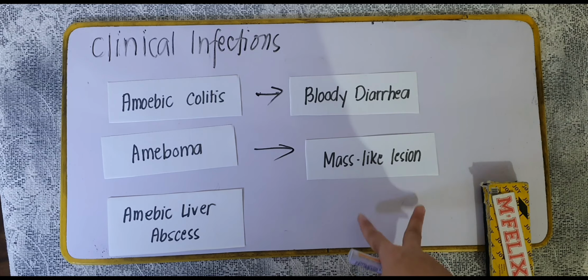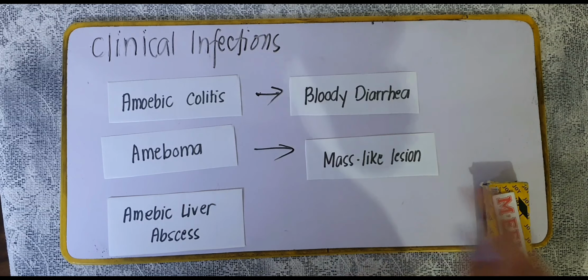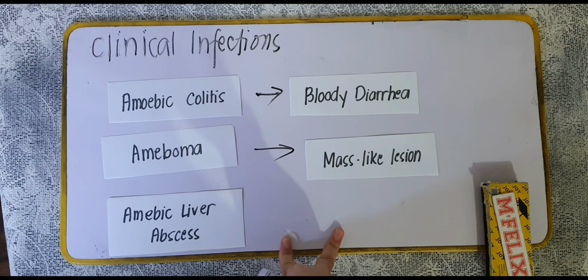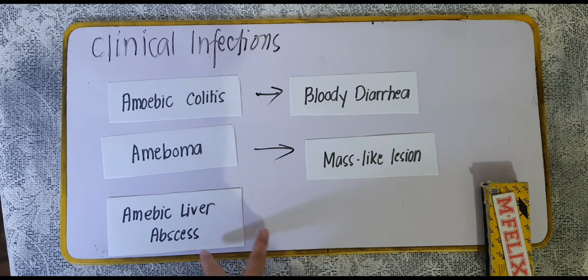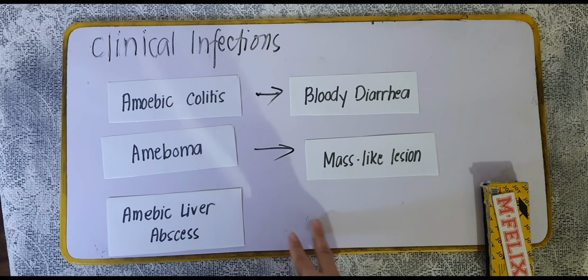Sometimes this amoeboma can be mistaken for carcinoma. Then, amoebic liver abscess, class, is the most common extra-intestinal form of amoebiasis.